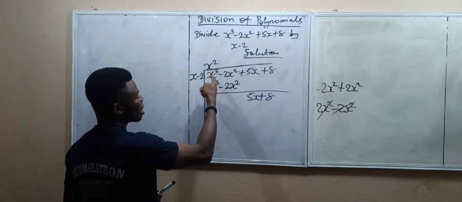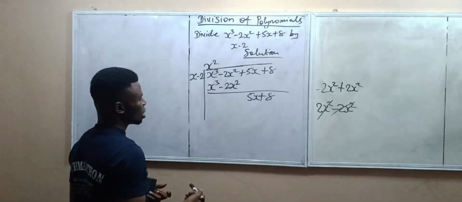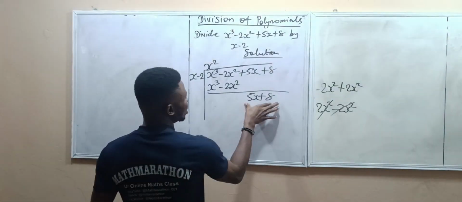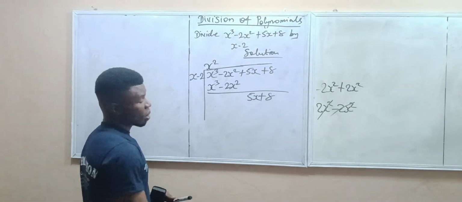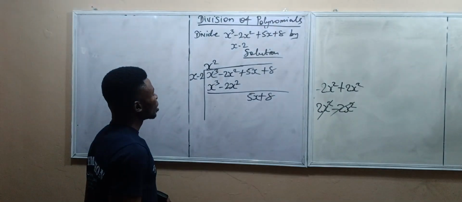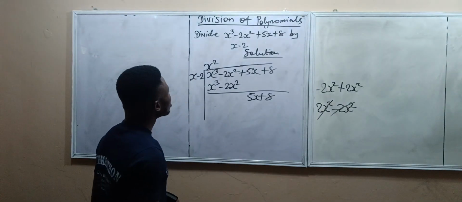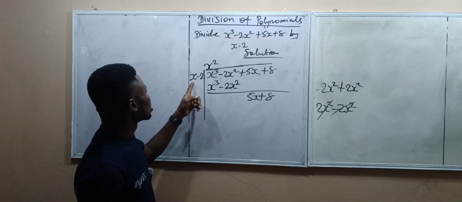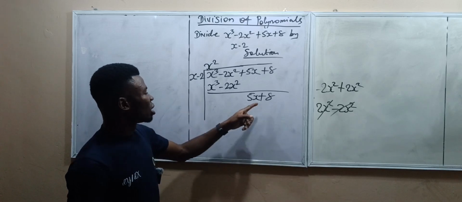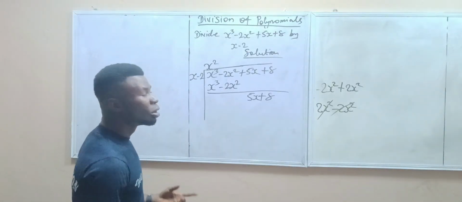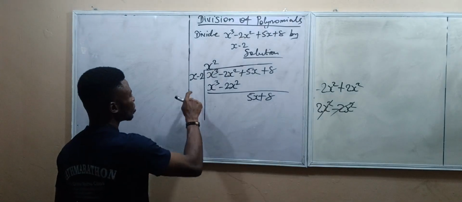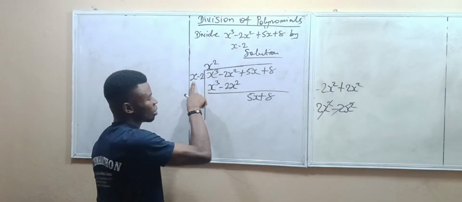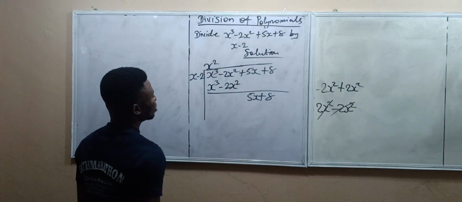Now x cubed minus x cubed is still 0. Now we are left with this one only. Now, is there any term again that we multiply with x, it gives you the first term of the polynomial? Look for a term that when you multiply with the first term of the divisor, it will give you the first term of the polynomial.